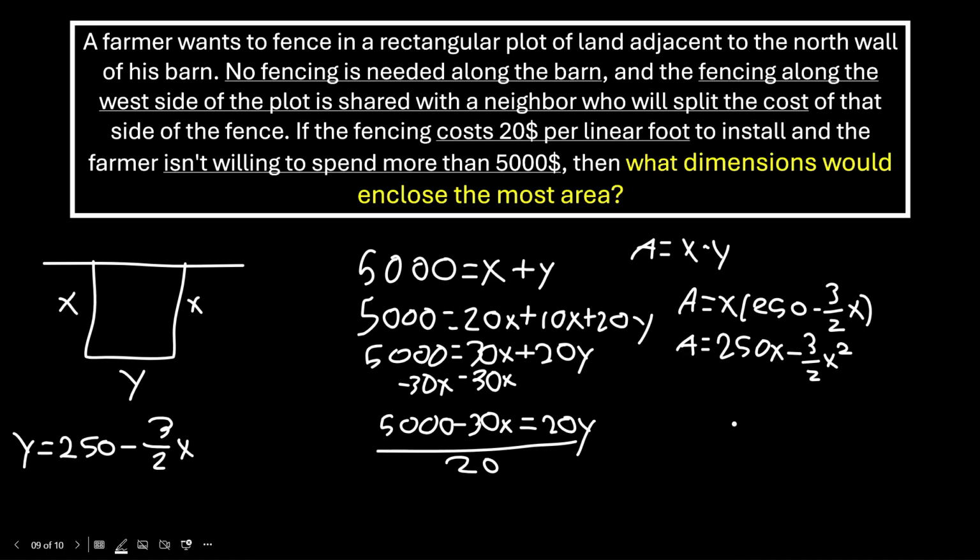Next, we take the derivative of this. So A prime equals 250 minus 3x. Now, set the whole thing equal to 0. Add 3x on both sides.